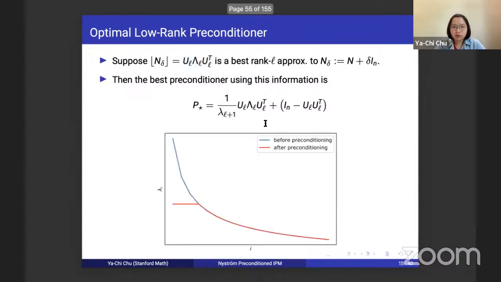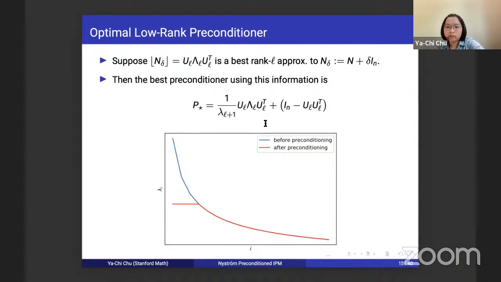I will explain in the next slide why P star takes this form, but I want to show a picture first. When we do the preconditioning, this is what the preconditioner does. N delta is very ill-conditioned, so its spectrum might look like this, like the blue line here. It decays fast. But after we apply such an ideal P star preconditioner onto N delta, it flattens the top eigenvalues of N delta.